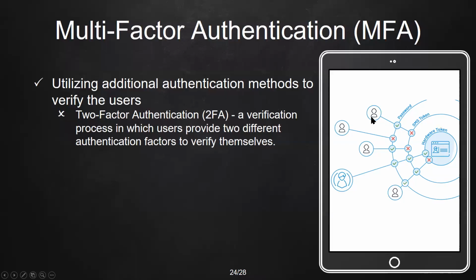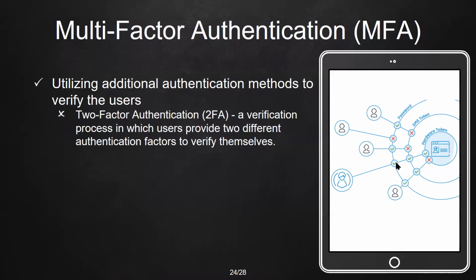So you see here, this user, the first authentication method is successful, but then it failed, so it cannot go through the third layer. Pass, fail. Pass, pass, pass. You see, this user successfully authenticated himself by all three methods.